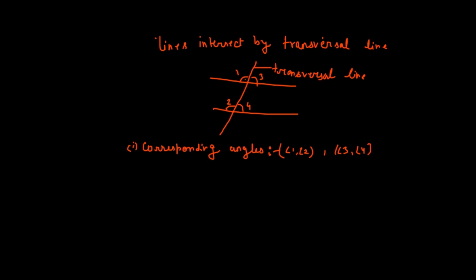We can keep it in our memory by the concept that it forms an F. As you can see, I'm just changing the color of the pen. If an F is formed, the angle formation in the F is like this.